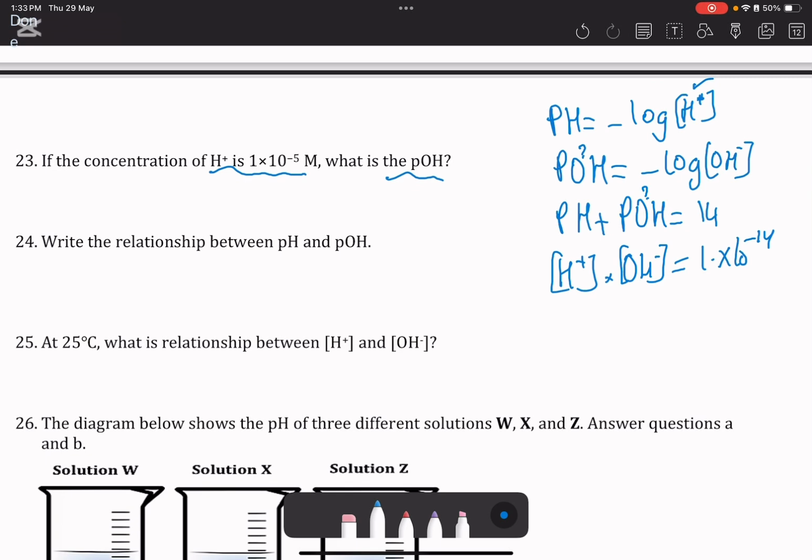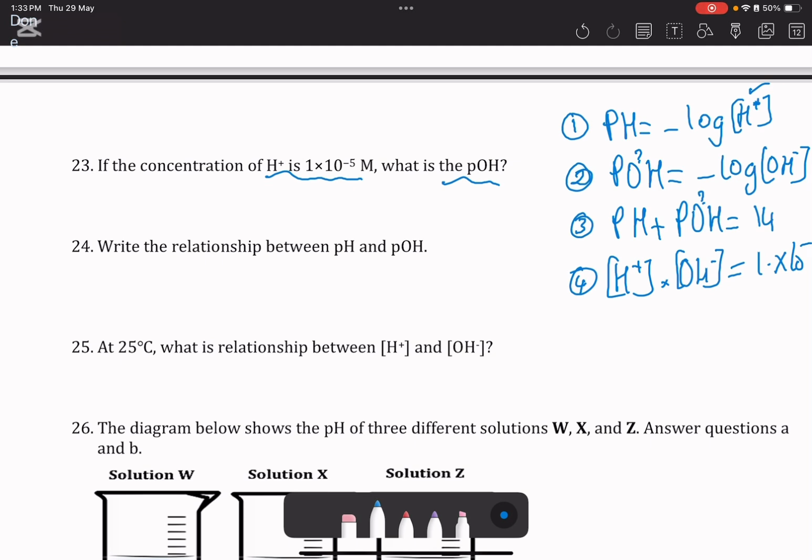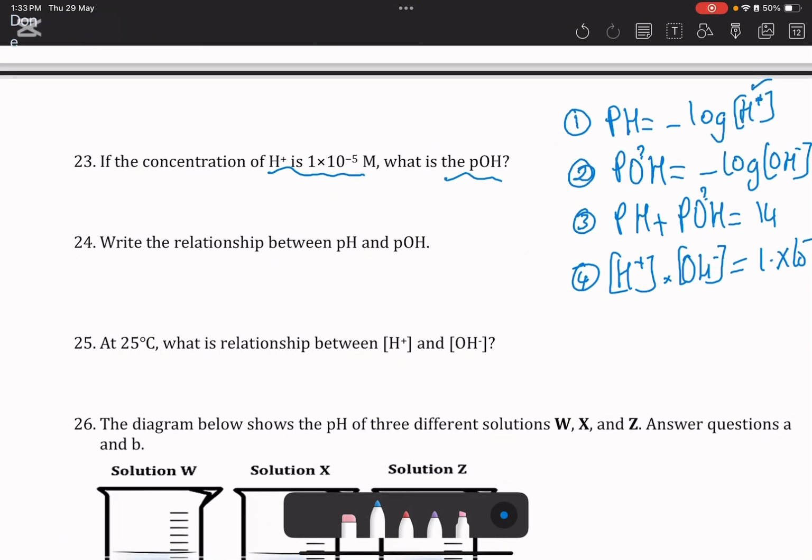Okay, so it's gonna be a two-step equation. First, I'm gonna use equation 1 to find the pH. Then I'm gonna plug the pH into equation 3 to find the pOH. So it is minus log 1 times 10 to the power negative 5, that is equal to 5.